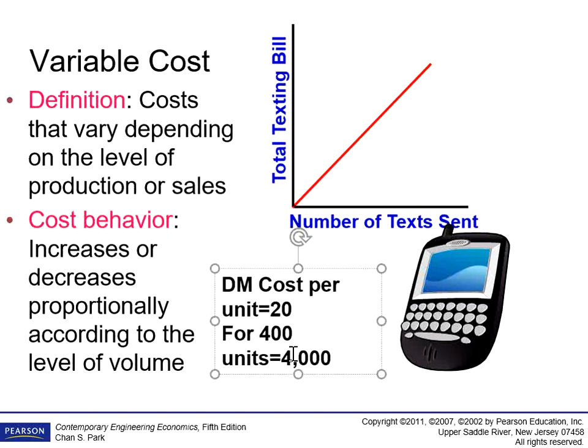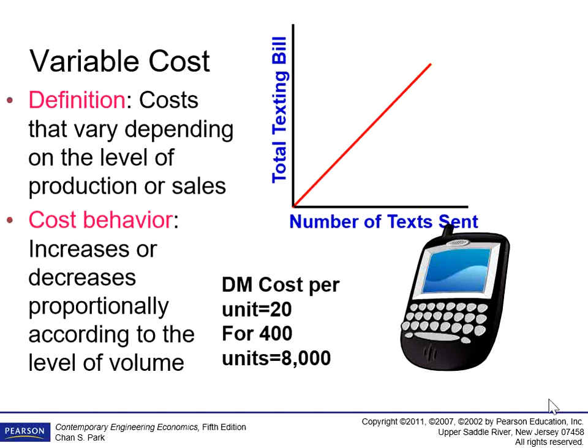It should be double from 200 to 400, or you can multiply this by this, it is 8000. So this is what we mean: the variable cost increases or decreases proportionally according to the level of volume. This is the definition of a variable cost.